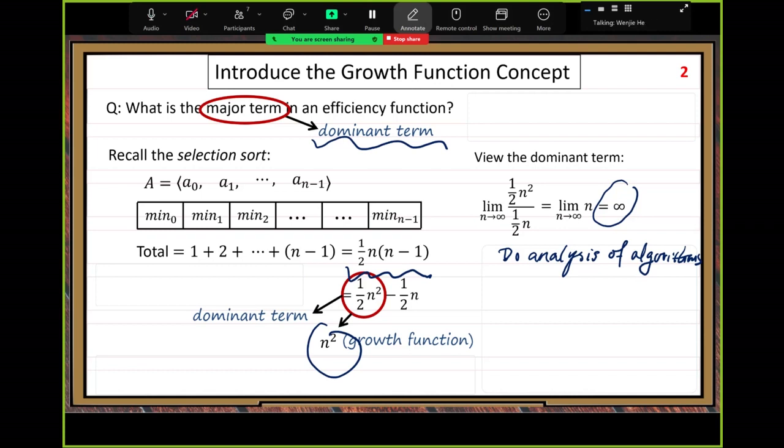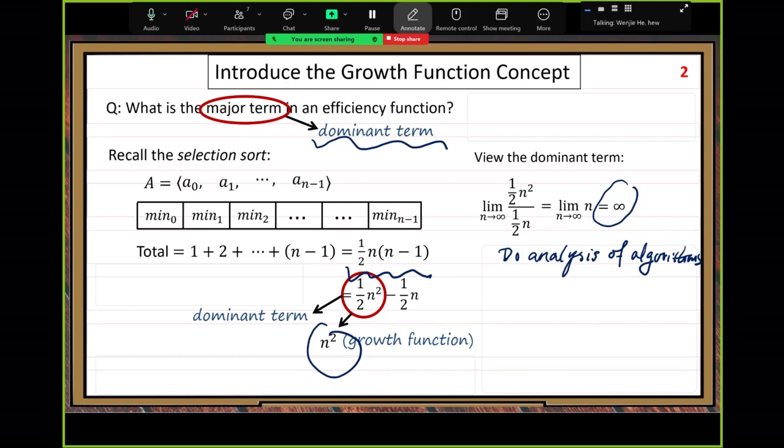The first step. Here we jump to the efficiency function, because I want to connect to these two concepts. So I do not talk about how to get the efficiency function. We skip that part. That's the problem solving, where we do a lot of things.